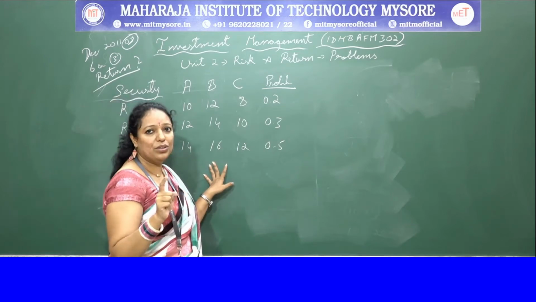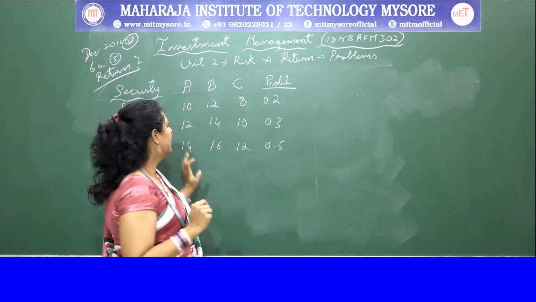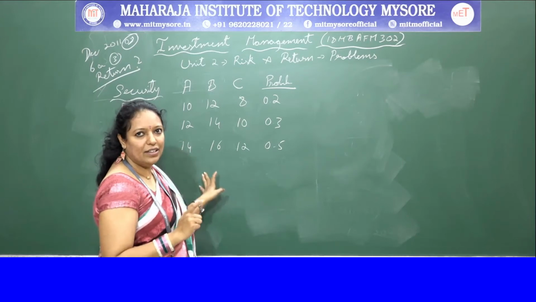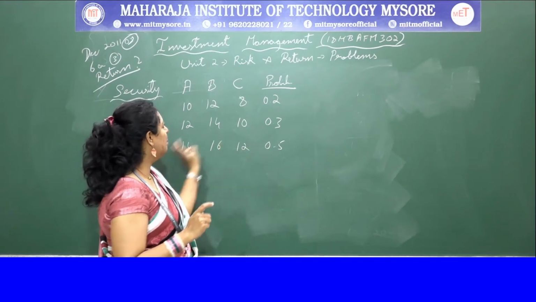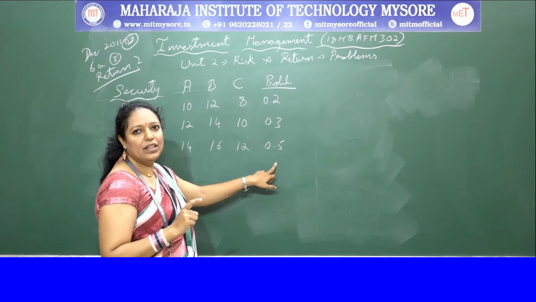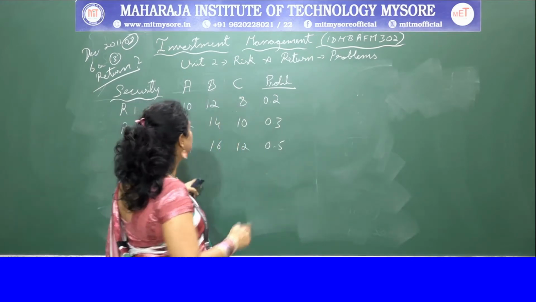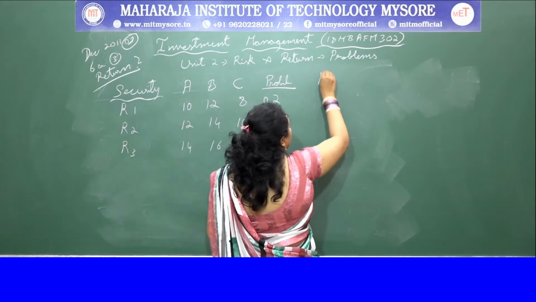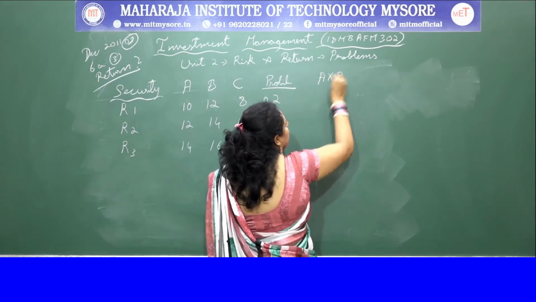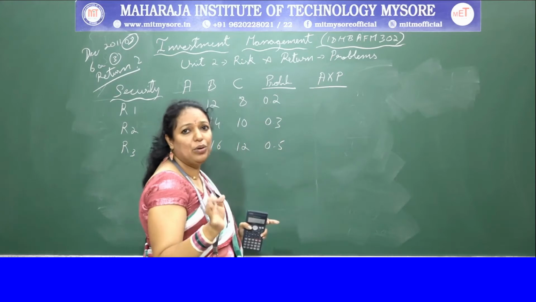So we have to find out the expected return. To find out the expected return, we have to multiply the return with the probability. So we have our calculator here. A into P. I'll write A into P only.